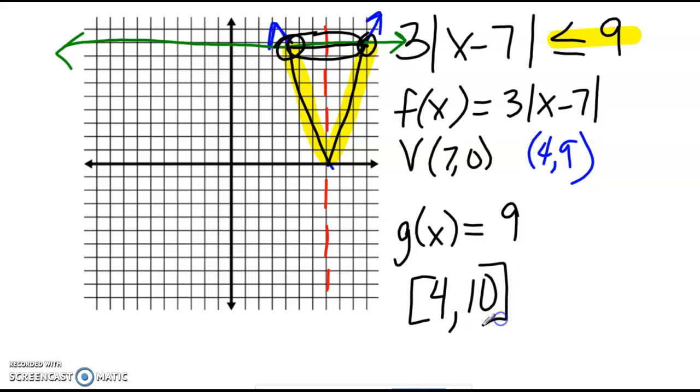And we would put a bracket because our inequality says less than or equal to. So the interval from 4 to 10 would yield x values that give us values that are less than or equal to 9 if we plugged them into that absolute value inequality.